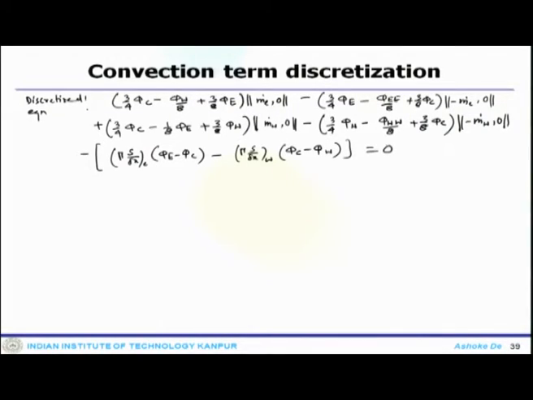So, then the discretized form will again look similar, but the final discretized form will have different coefficients. So, it will be A E phi E plus A W phi W plus A EE phi EE plus A WW phi WW.